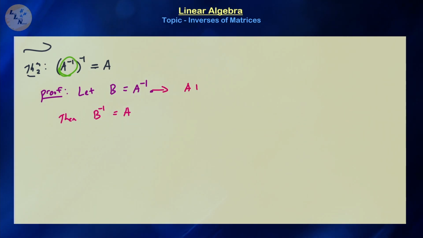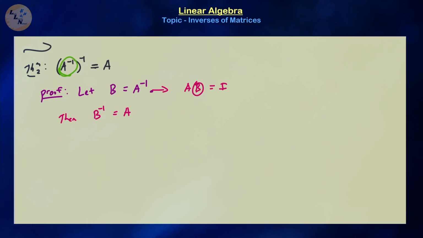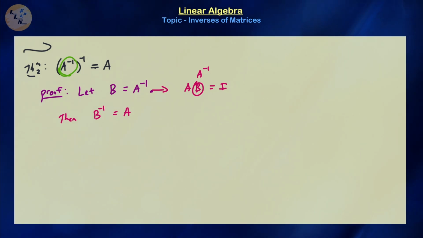Because if A is the inverse of B, that means A times B is equal to the identity matrix, because keep in mind, B is just a placeholder for A inverse, right? So A times A inverse is equal to I. That means B is the inverse of A. Therefore, we're not really assuming the original theorem here. We're just using the definition of an inverse. So if B is equal to the inverse of A, that means A is also the inverse of B.